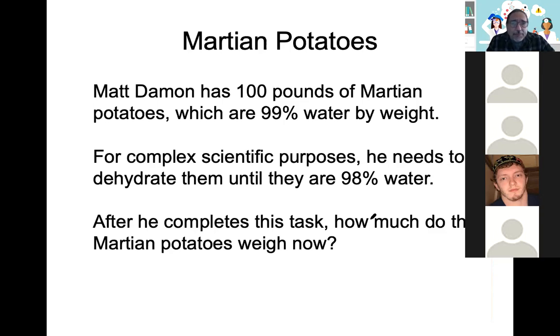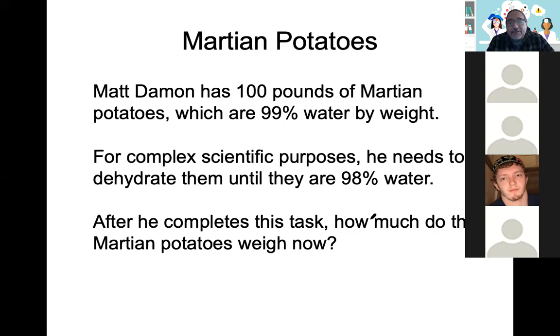But this problem can be solved a lot of different ways. If you did see the movie, you recall Matt Damon grew potatoes on Mars. He became stranded on Mars by himself, all alone, with equipment for a scientific mission, and one of the ways he survived until he could be rescued was figuring out how to grow potatoes. So in our little thought experiment, we know Matt Damon grew 100 pounds of potatoes.